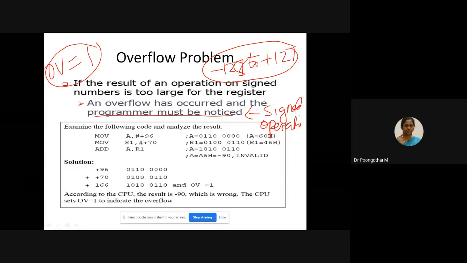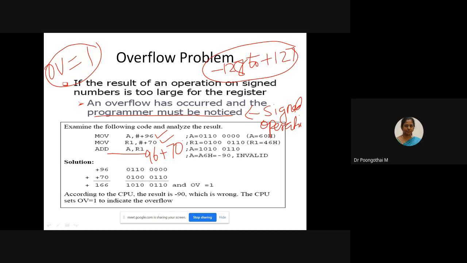Add these two numbers, 96 and 70. Do it in binary. First you convert these numbers into binary and add the two. The instructions are loading 96 to the accumulator, 70 to R1, and ADD A, R1. That is 96 plus 70.